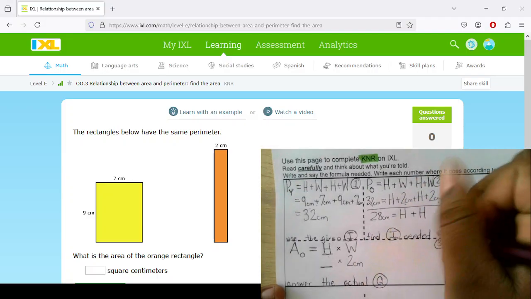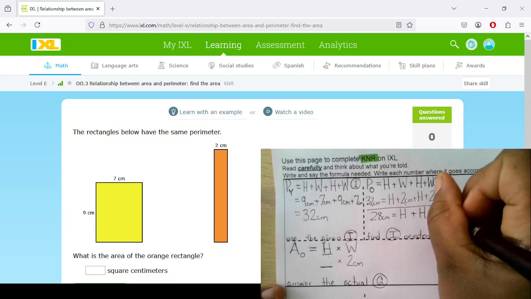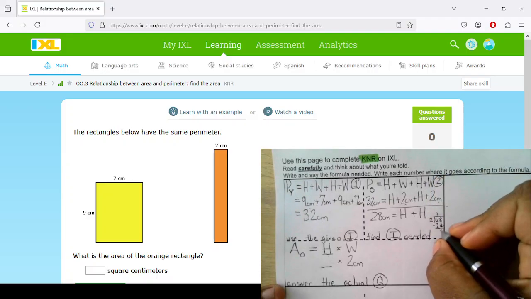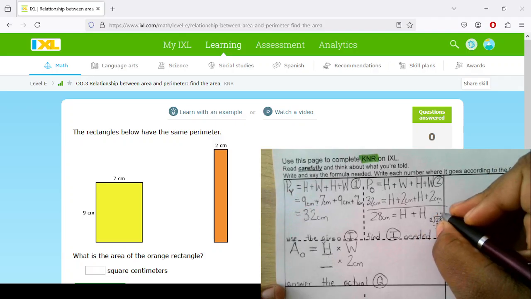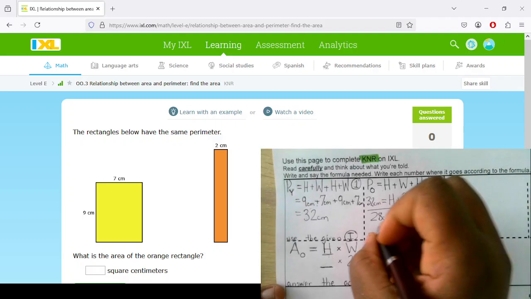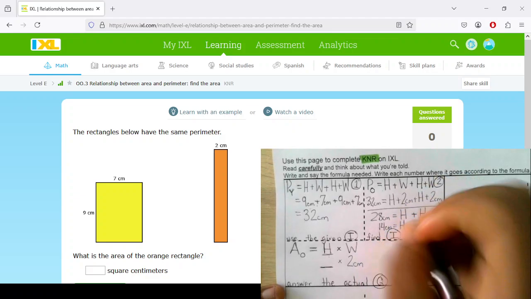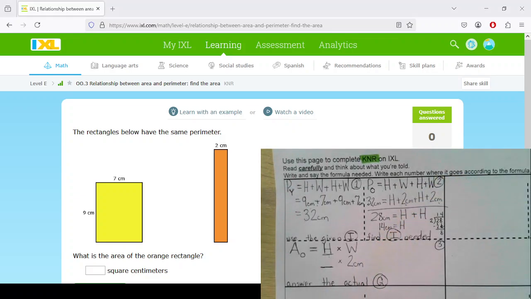So if I do 28 divided by 2, 2 goes into 2 one time. 2 goes into 8 4 times. So 14 centimeters is equal to the height dimension of this orange rectangle.